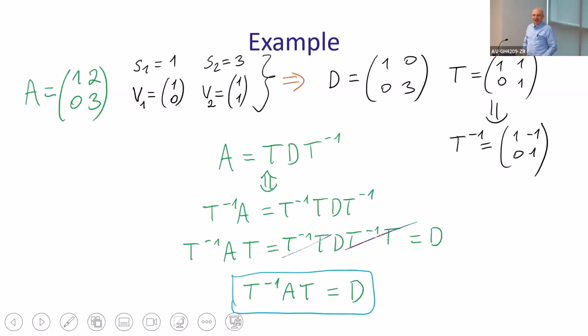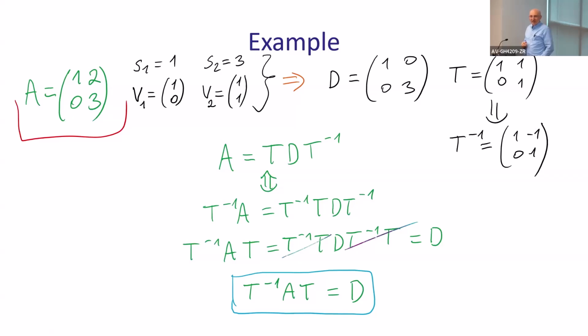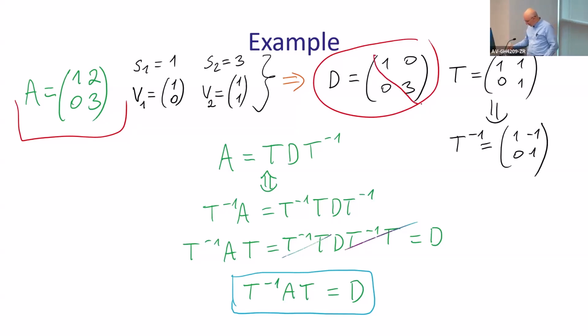Okay, so this is a derivation, and you can see an example here. The example gives you a matrix for which we computed eigenvalues before, and these eigenvalues are 1 and 3. Eigenvectors will be 0, 1, and 1, 1. So you'll get a diagonal matrix with all of these eigenvalues on the main diagonal here.